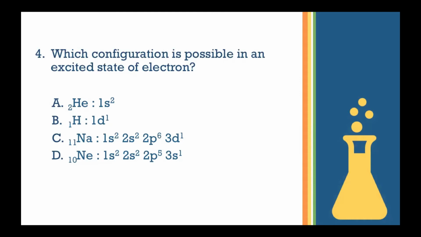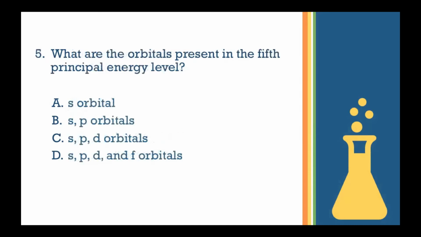Letter D, 10 neon is equal to 1s2, 2s2, 2p5, 3s1. Number 5. What are the orbitals present in the fifth principal energy level? A s orbital, B sp orbitals, C s, p, and d orbitals, D s, p, d, and f orbitals.